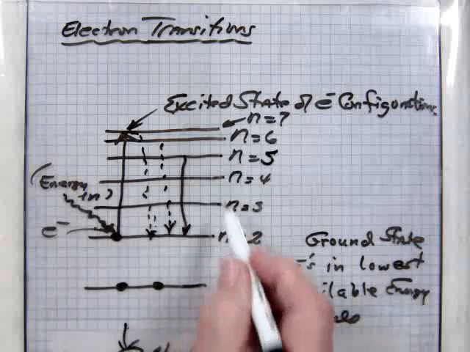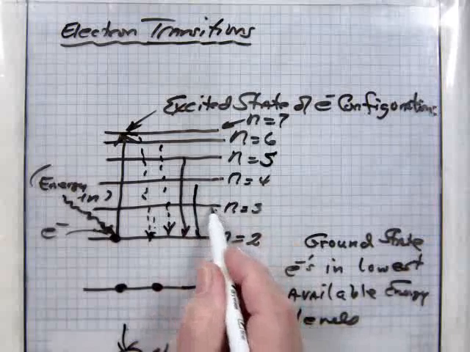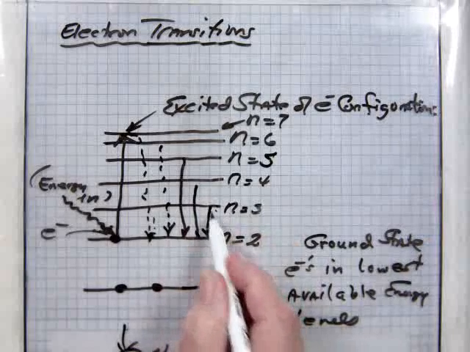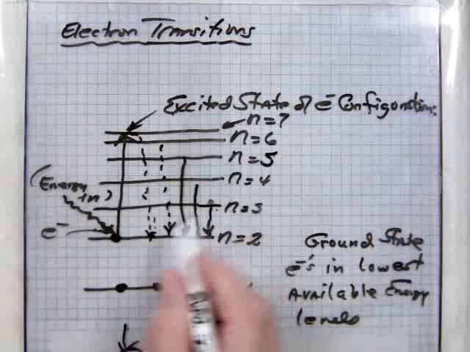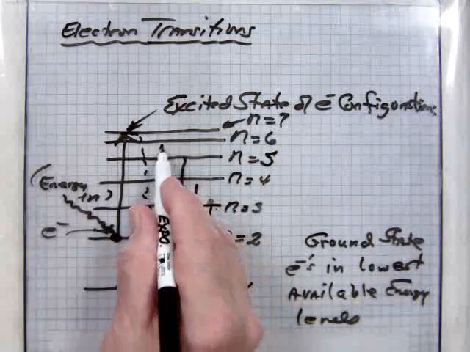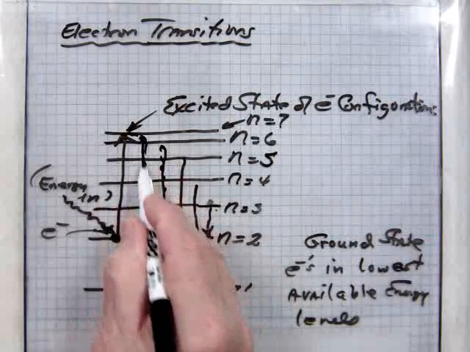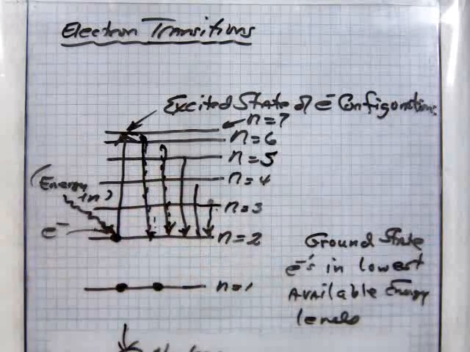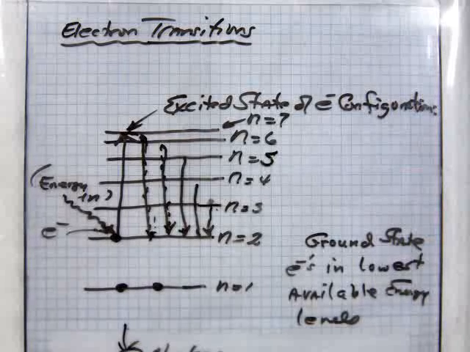And goes out to 4 and drops back to 2, or jumps out to 3 and drops back. Like that. So when you hit these electrons with electricity, you don't know where they're going. They just absorb and jump out to a higher level. But when they fall back down, that's when you see them.